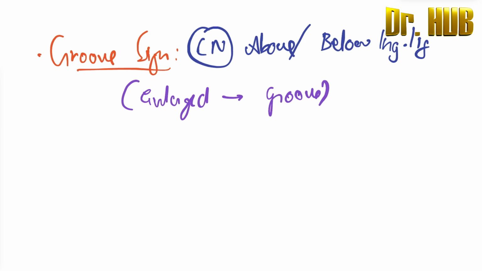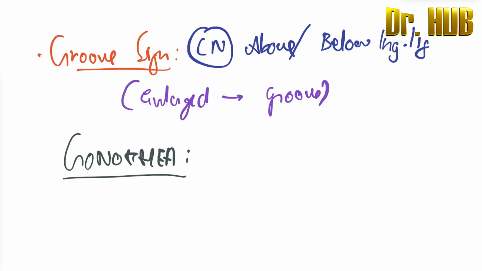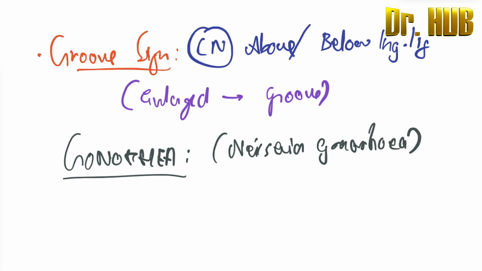Next, we will move on to gonorrhea. Gonorrhea is caused by Neisseria gonorrhoeae. It leads to purulent inflammation of the genital mucous membranes.